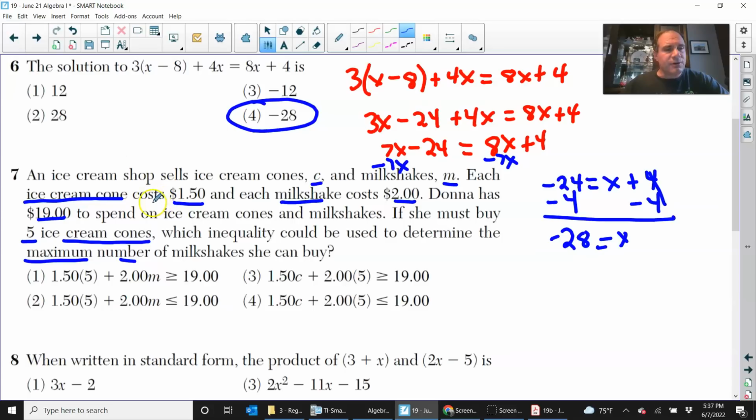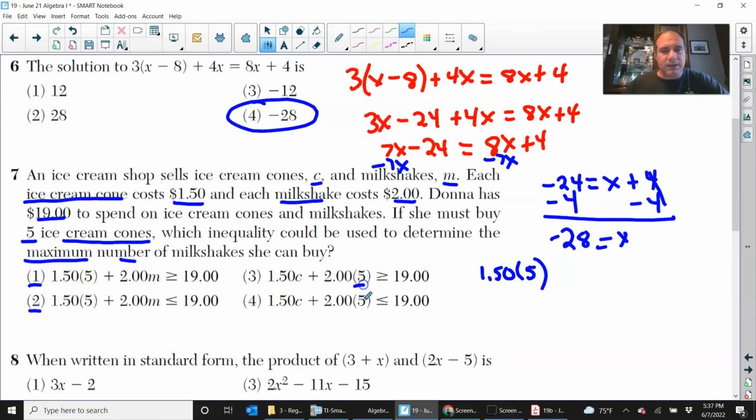So if the ice cream cones cost $1.50 and she has to buy 5 of them, the $1.50 and the 5 have to be next to each other. She didn't buy 5 milkshakes, she bought 5 ice cream cones. So that means 1 and 2 are good.